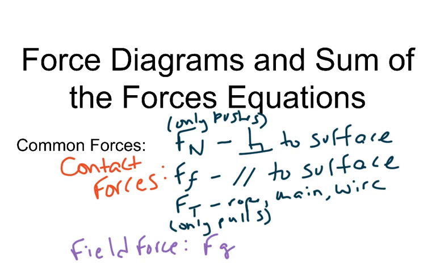So no matter what you're drawing a force diagram for, it usually has a force of gravity from some object. Most of our situations are going to be on Earth, so we're going to have a gravitational force from the Earth on the object, and we're going to have a gravitational force on Earth by the object. Next week, we will get more into Newton's third law and talk about those third law pairs.